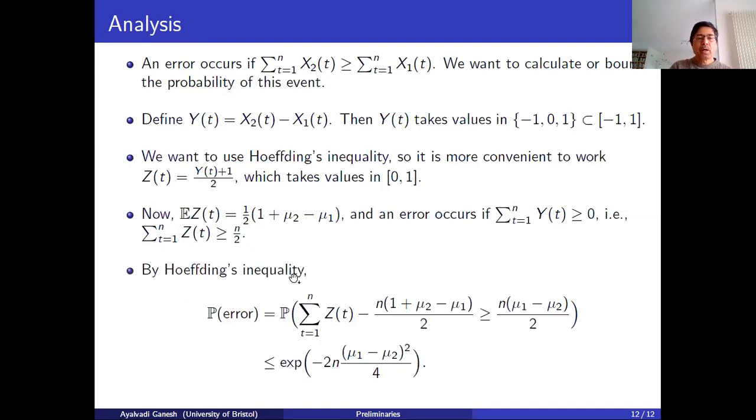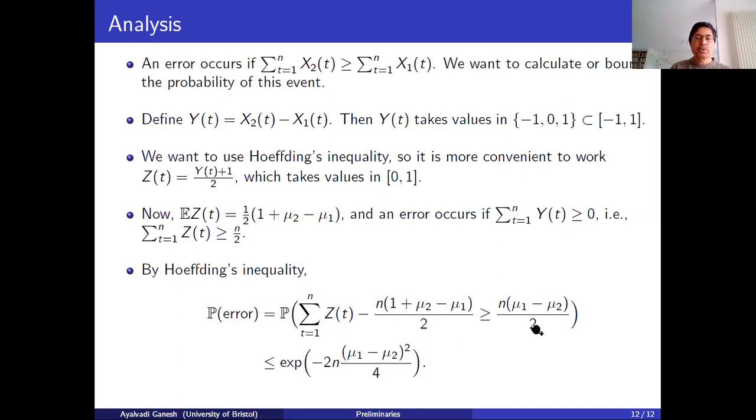Okay, so now let's use Hoeffding's inequality to calculate this error probability. So the error probability is that the sum of Zt, centered by its mean, is bigger or equal to n over 2 minus the same thing. So the n over 2 cancels, and what we are left with is asking that this inequality hold.